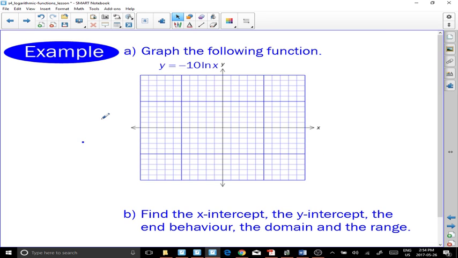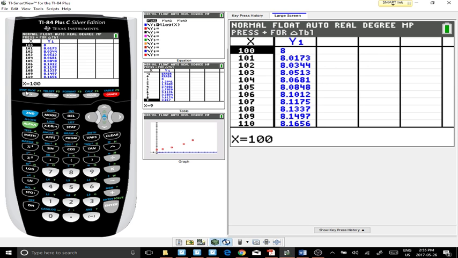What about if we want to graph -10 ln x? Negative 10 ln x. And ln is the log base e. So I wouldn't get too hell-bent over coming up with a nice table of values, but what I would do is I would punch the equation into your technological tool, and I would try and find some key points off the graph.